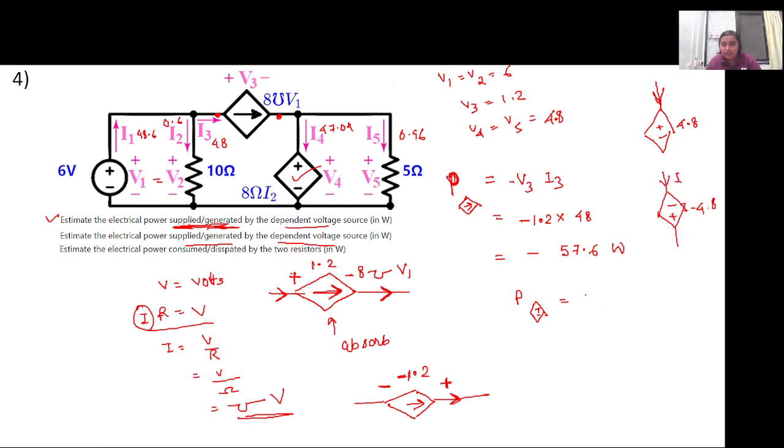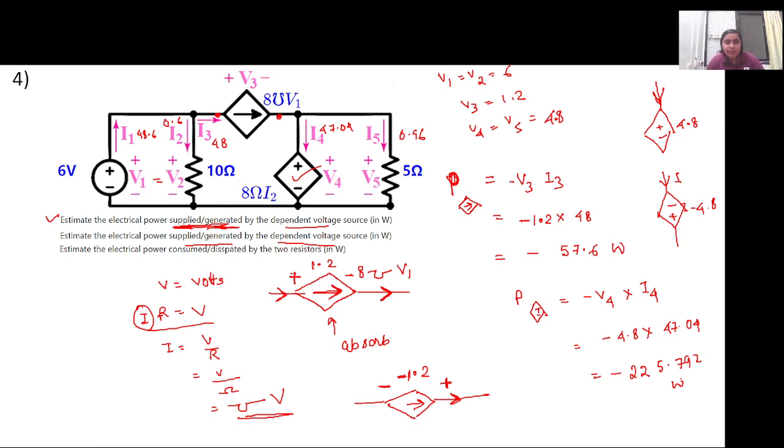So it is minus V4 into I4. That is minus 4.8 into I4, which is 47.04. So this will come out to be negative something. Let us just calculate it. So it is minus 225.792 watts, right?